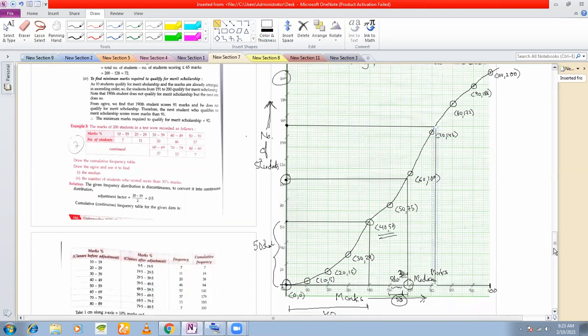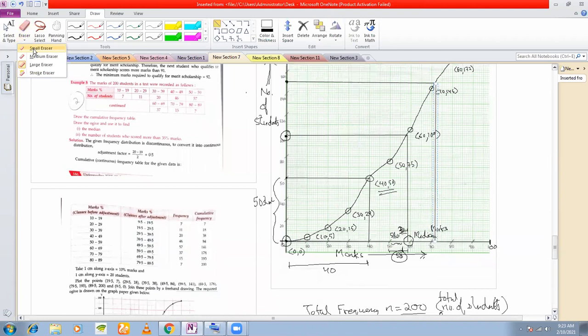And if you see, now this is the corresponding point, which is your 150th observation. And the corresponding point on the x-axis, this is 70, and we are getting, I think, 3 divisions above 70.